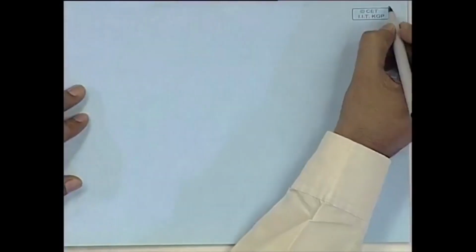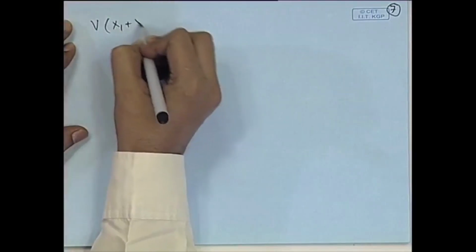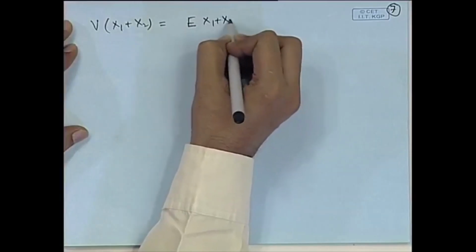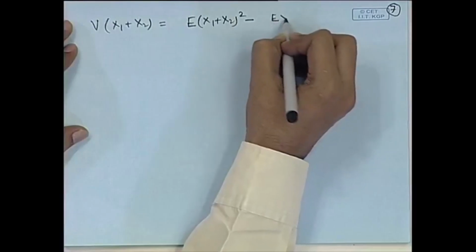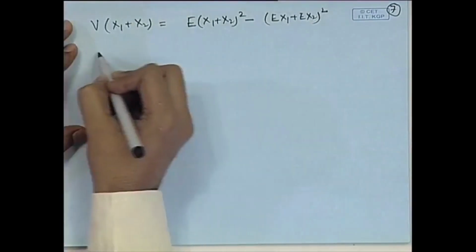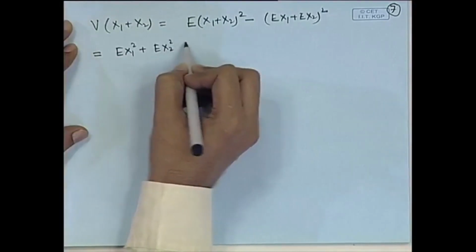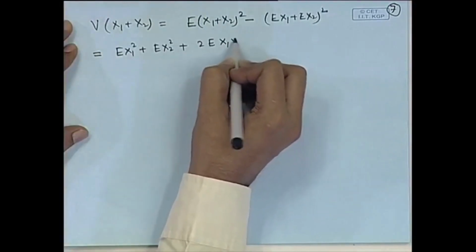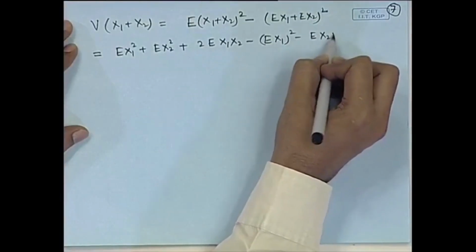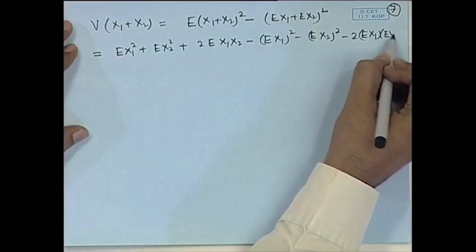In the case of variance, let us write for two of them, that is variance of x 1 plus x 2. Now, this is equal to expectation of (x 1 plus x 2) whole square minus (expectation of x 1 plus expectation of x 2) whole square. So, this is equal to expectation of x 1 square plus expectation of x 2 square plus twice expectation of x 1 x 2, minus (expectation of x 1) whole square minus (expectation of x 2) whole square minus twice expectation of x 1 into expectation of x 2.